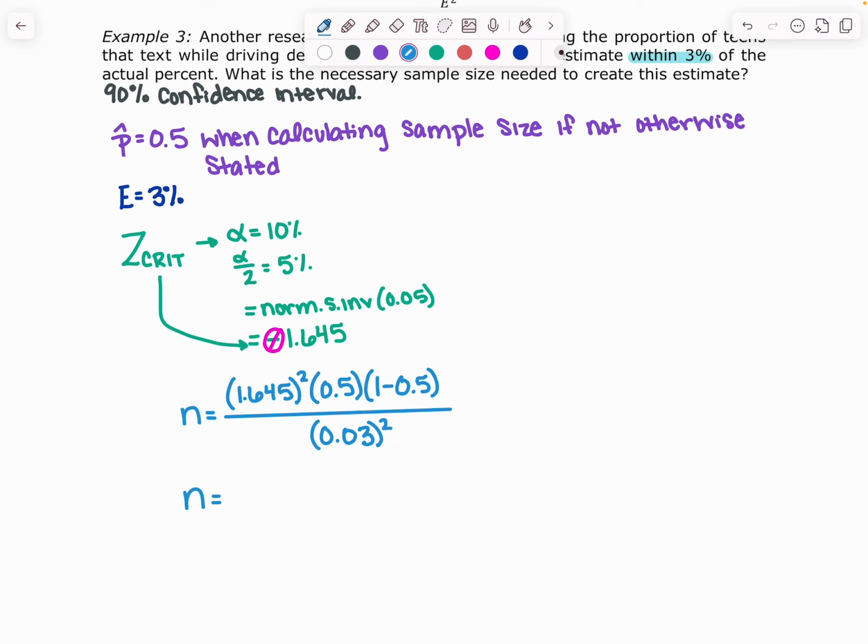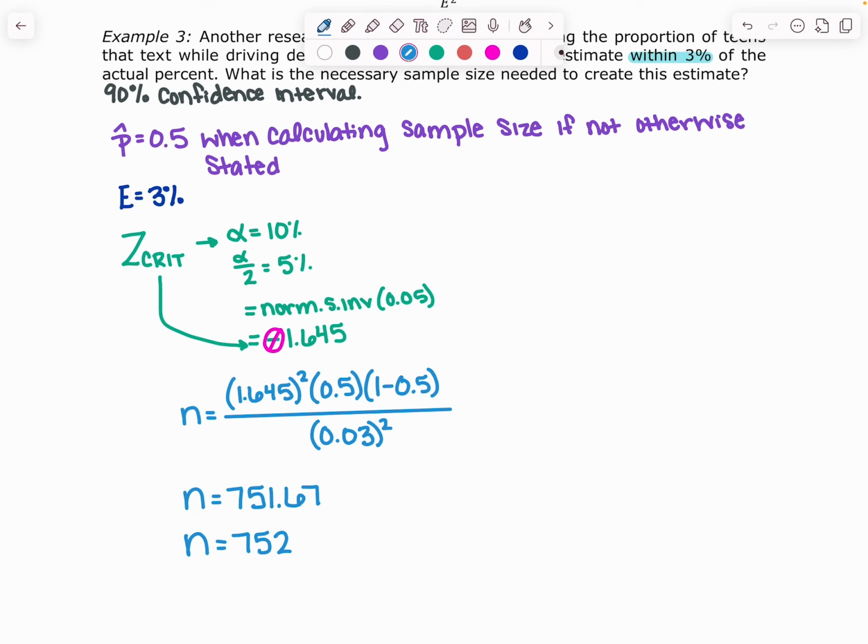And you should get 751.67. We're going to round up to 752 because we cannot sample a portion of an individual.